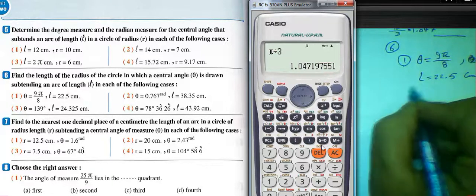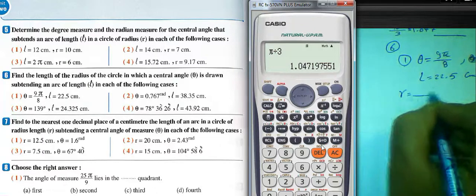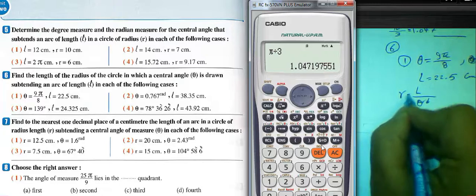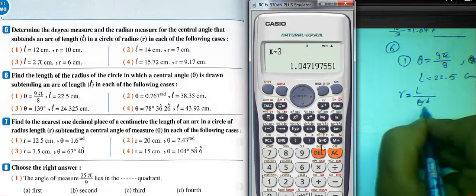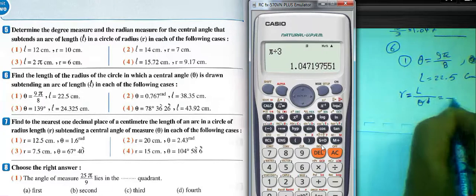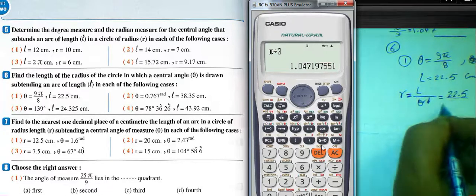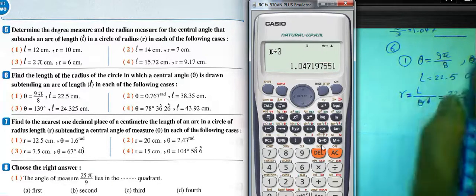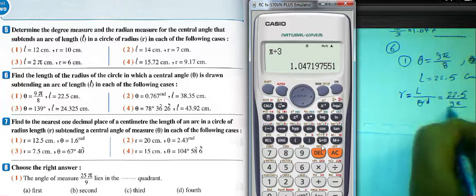We know radius equals length over theta radian. 22.5 over theta radian, which is 9 pi over 8.